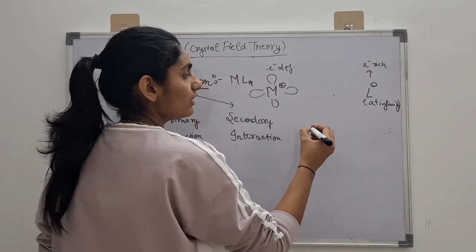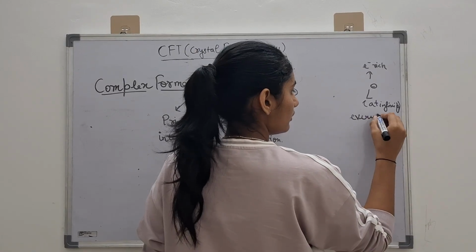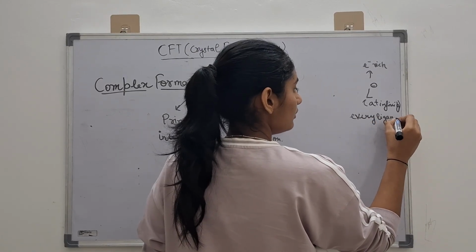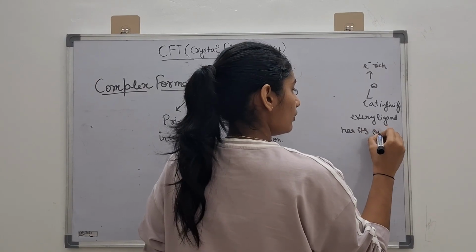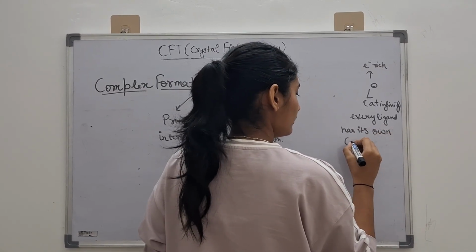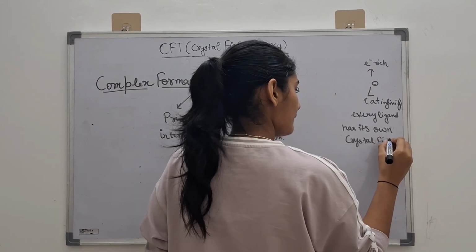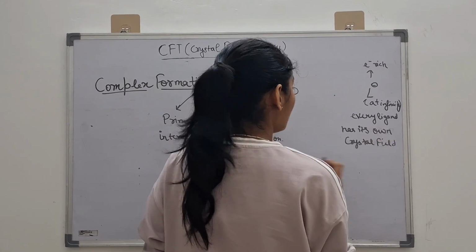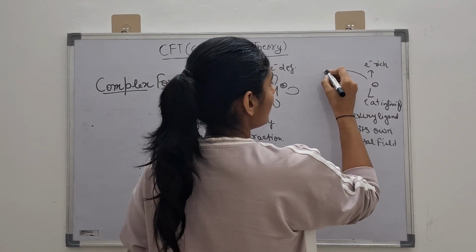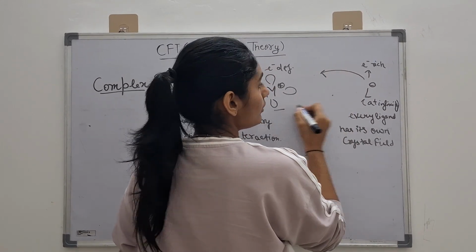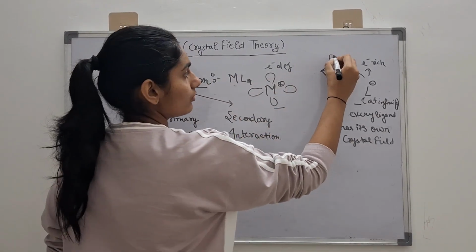In CFT, every ligand has its own crystal field. As the ligand approaches the metal from the far field, there will be attraction between the metal and the ligand, and that is known as primary interaction.